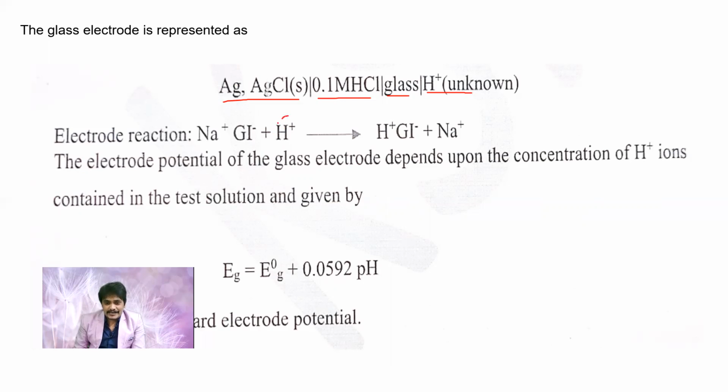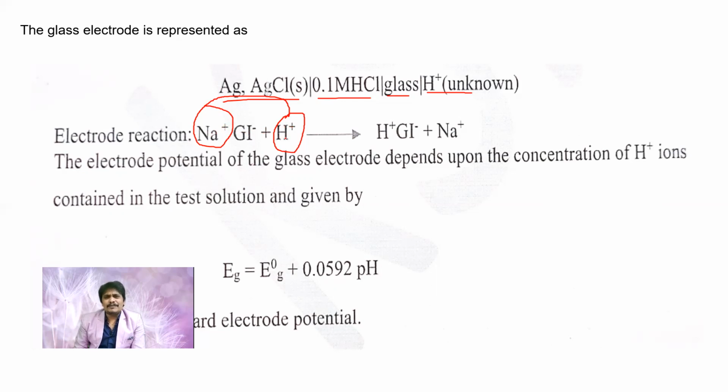So H+ ions of the internal solution replace Na+ ions of the most active portion, that is the glass bubble. And do remember that the glass electrode can be formulated as Na+ Gl-, and H+ ions will replace or displace sodium ions.